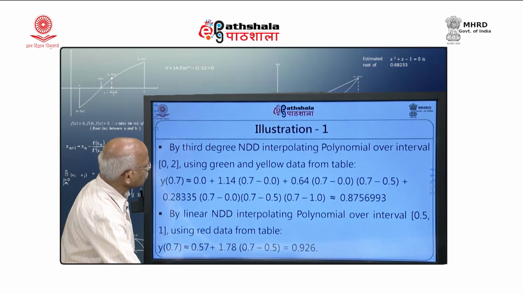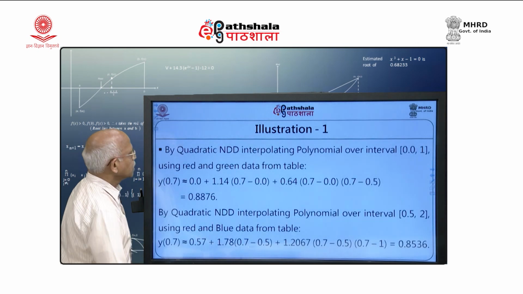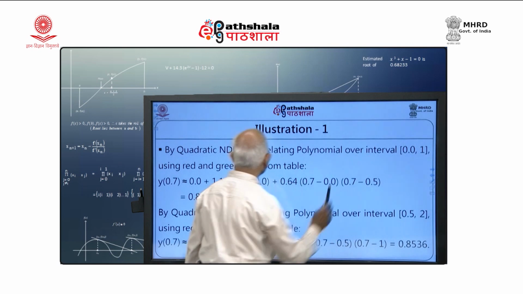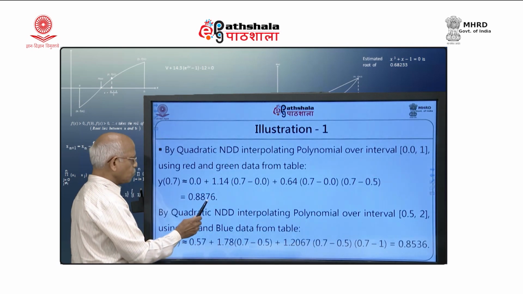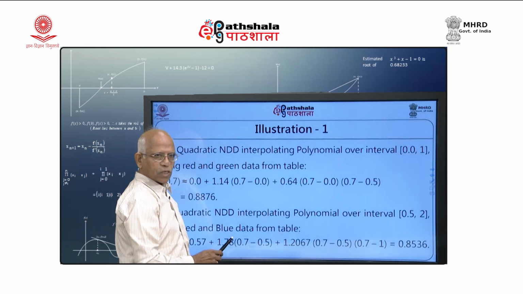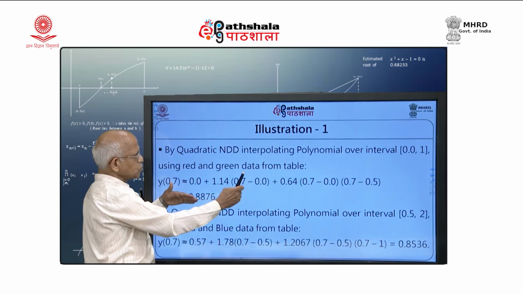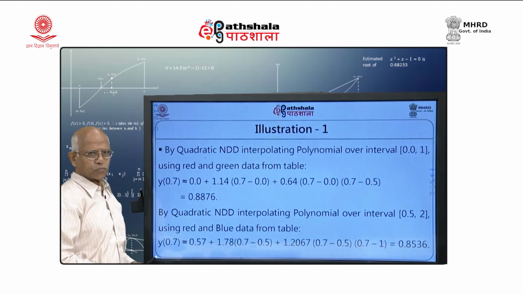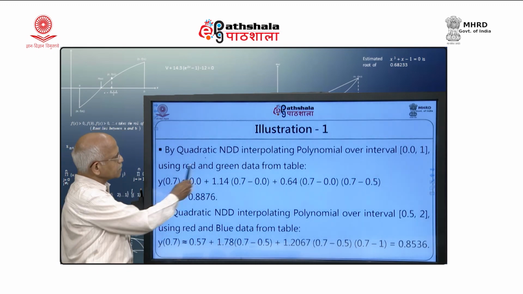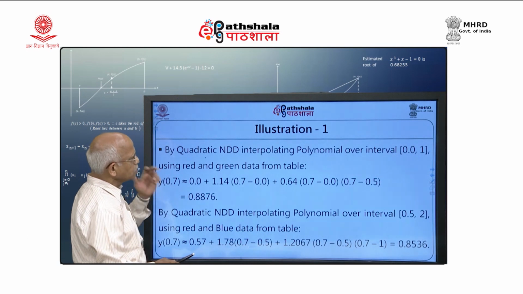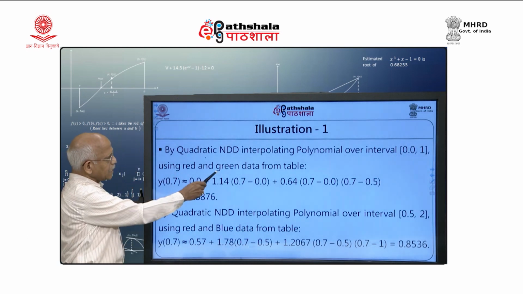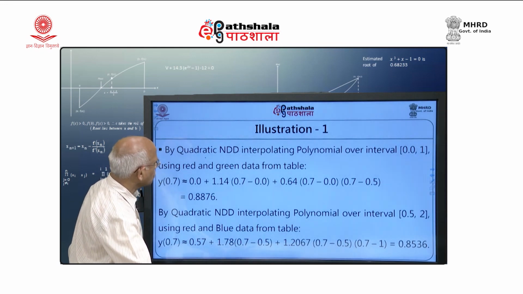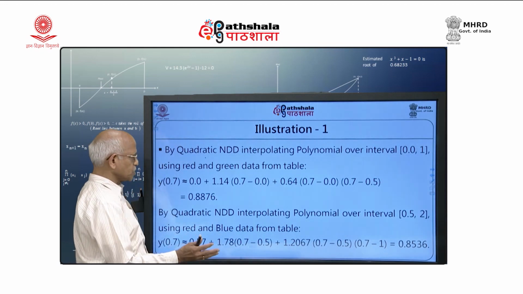And similarly, I can also think of 0.7 lying between the interval 0 to 1 as well as between 0.5 to 2. So, if I use the first three nodes and then the last three nodes, I can get the quadratic Newton's divided difference interpolating polynomial. Using the red and green data from the table, because if I have to use a quadratic polynomial, I will need 3 terms.